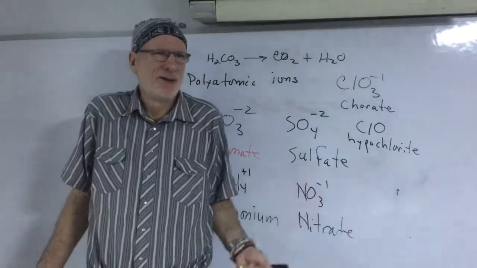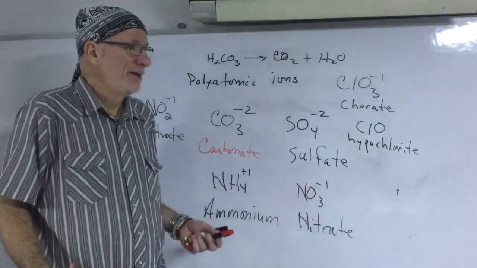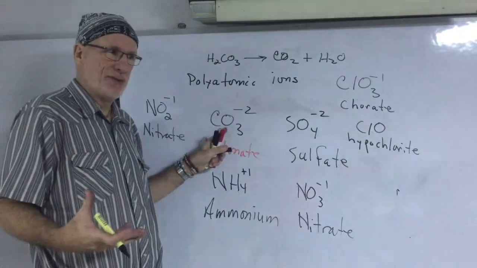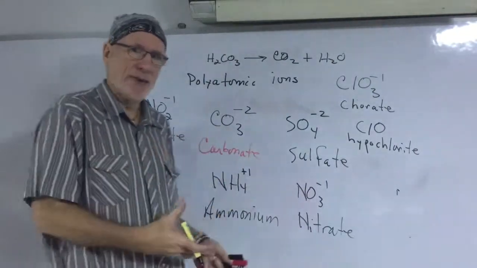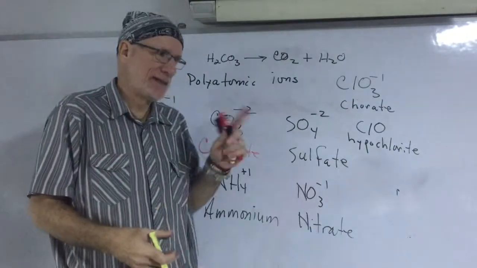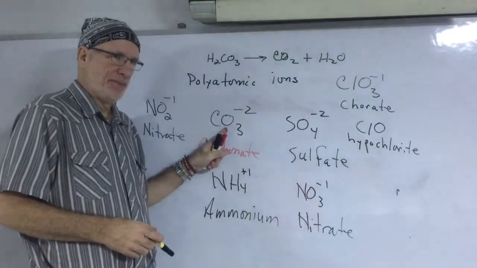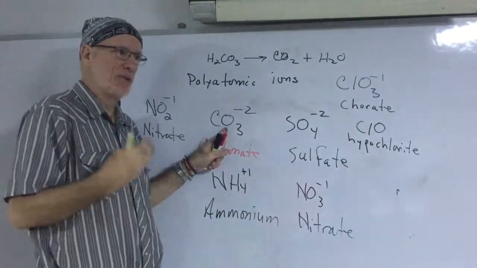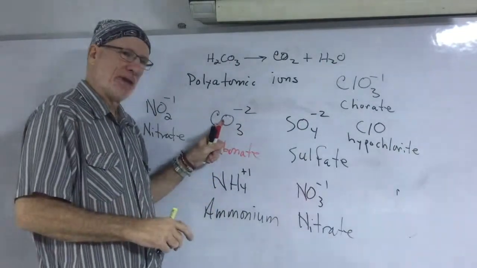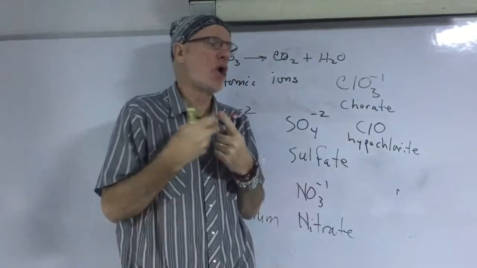People say, well, I don't know, carbon trioxide. It's just a polyatomic ion. It forms ionic compounds like sodium carbonate, but carbonate, this is big. This is an ion, and it forms an ionic compound with sodium, right? You okay with that? But carbonate is a covalent particle.